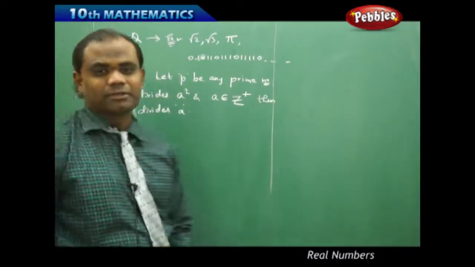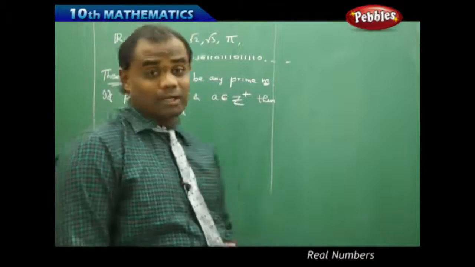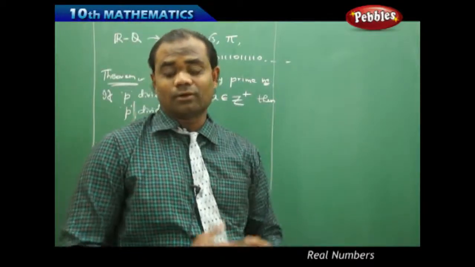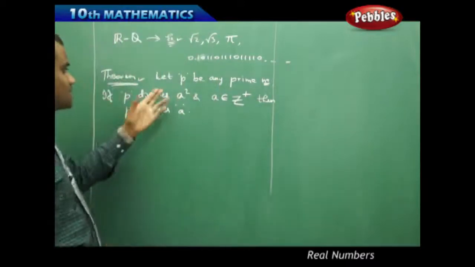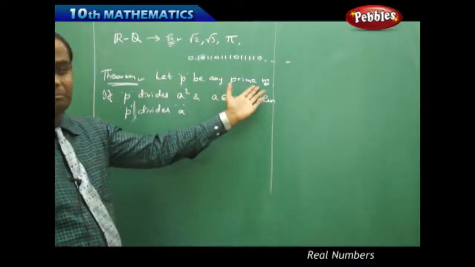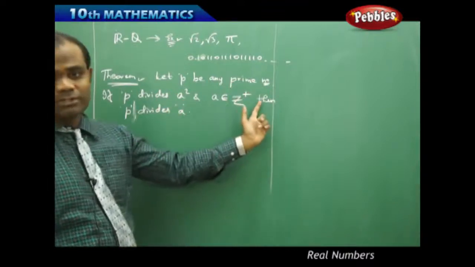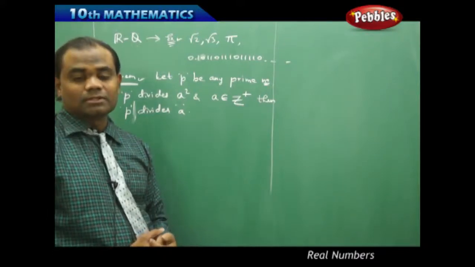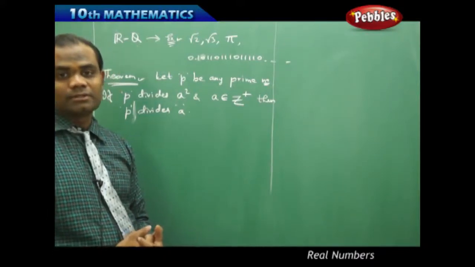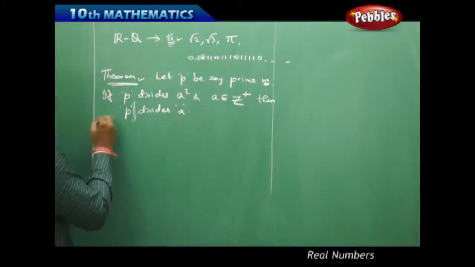This is a very important theorem which is helpful in identifying whether a number is irrational or not. When I read the statement, it says that for any prime number p, if p divides a square, for a being a positive integer, then p must divide a. That is how I understand the statement of the theorem.